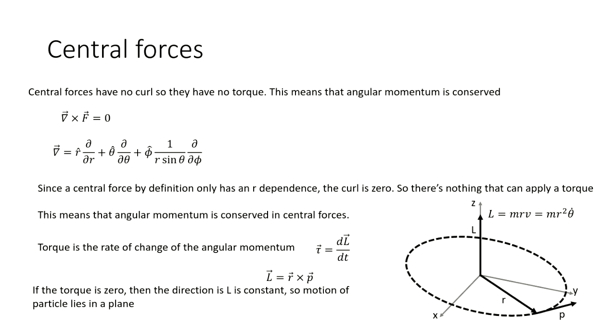Okay, so now I want to talk about central forces a little bit. Something about central forces is that, as I mentioned before, the direction of F is only going to be in the radial direction.